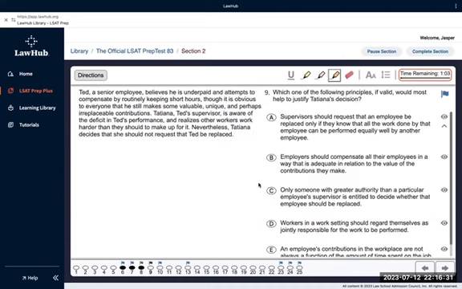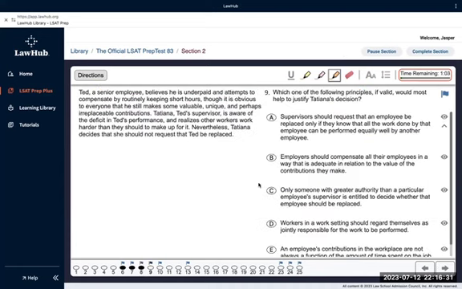Okay, so Ted, a senior employee, believes he is underpaid and attempts to compensate by routinely keeping short hours, though it is obvious to everyone that he still makes some valuable, unique, and perhaps irreplaceable contributions.